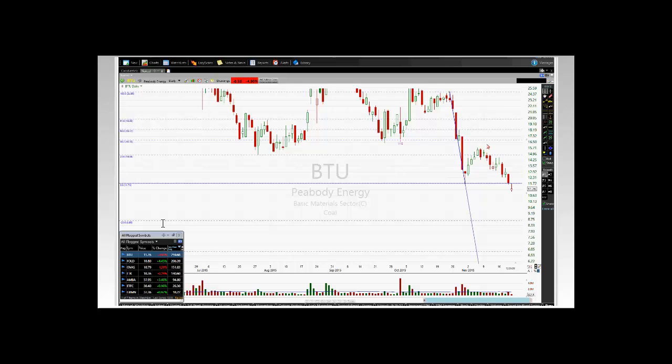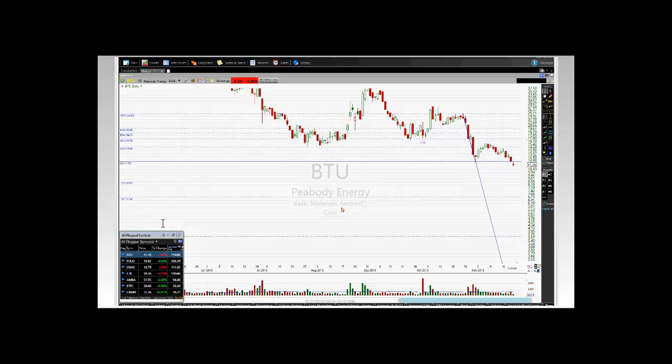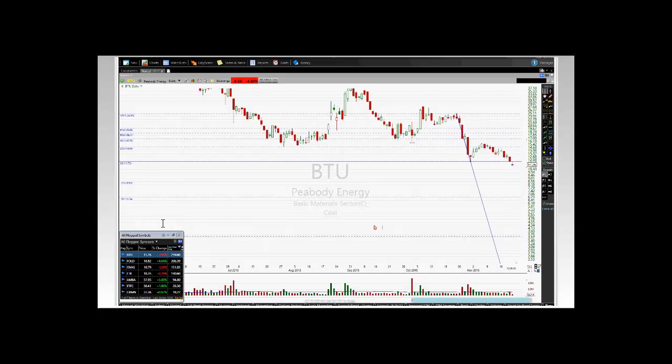And we can see that this pullback was somewhere between 23 and 38 percentiles. And we can see where we're going to run to, and we can look for resistance off here. We don't have any in this case. And that's a good place where you can use fibs.